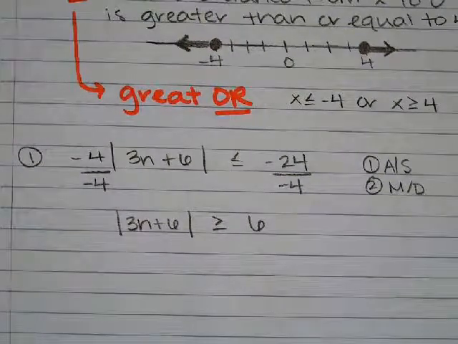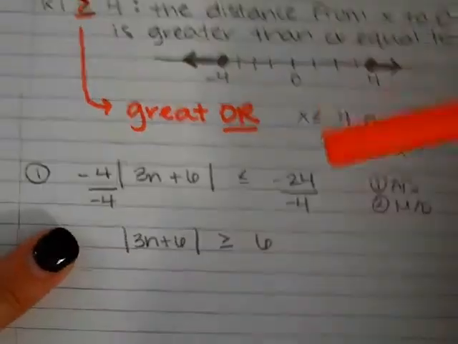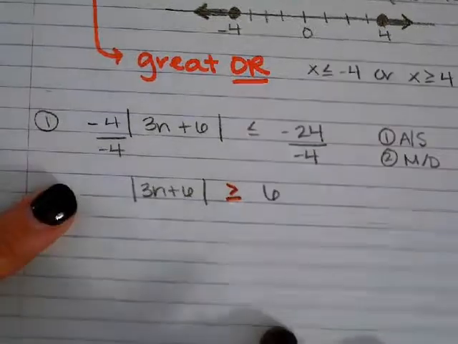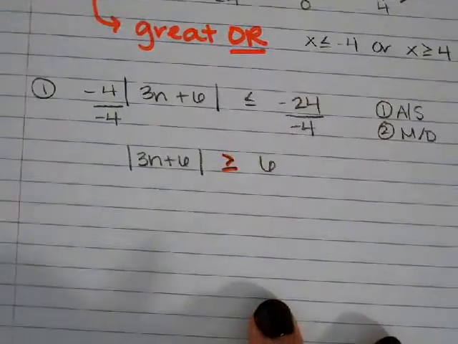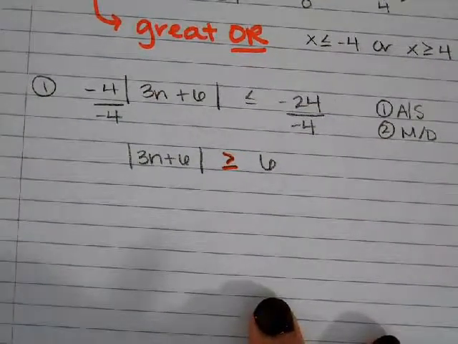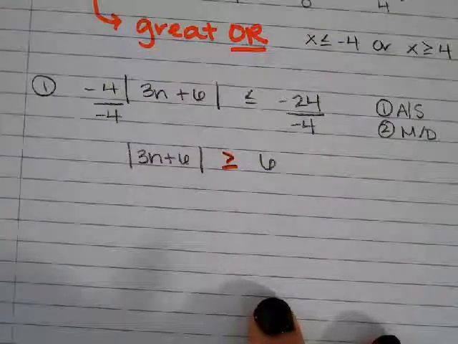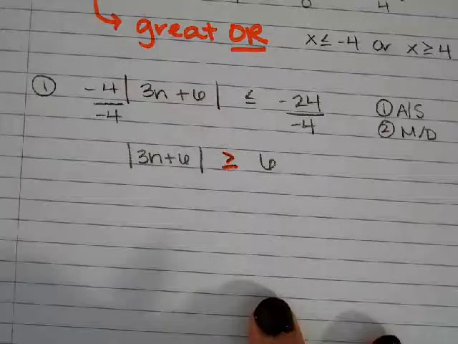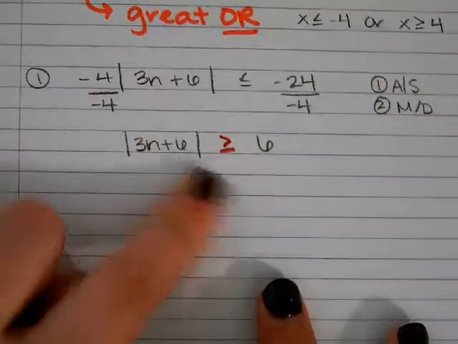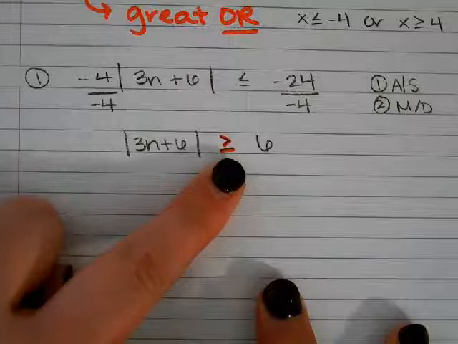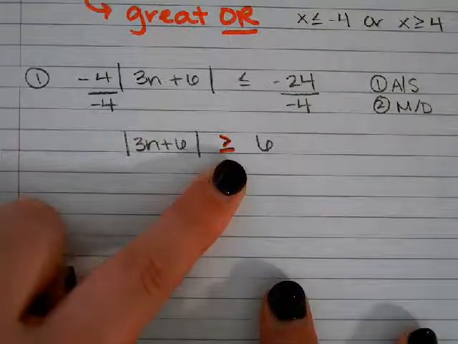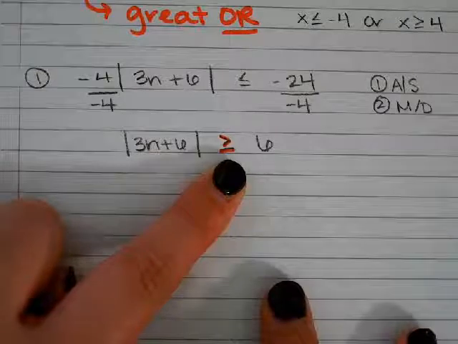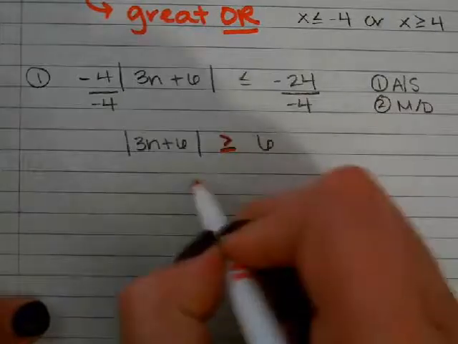Right? So at this point, my inequality sign is ready to be looked at because my absolute value symbol is by itself. So what direction is this going? What does it tell me about the problem? It's a greater problem. So here's how I'm going to write it.